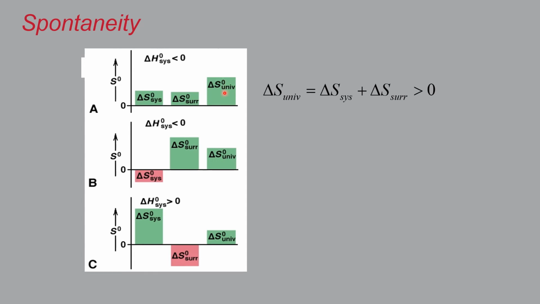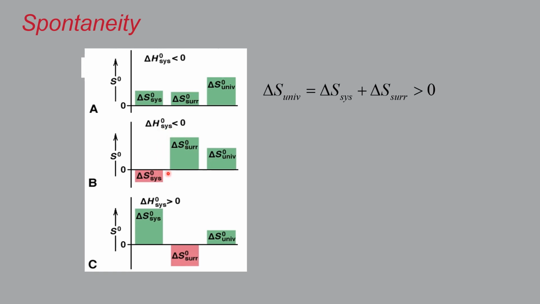So that's going to be spontaneous no matter what. Now, this is the case if this is exothermic. So let's keep that in mind. Now, if the process is endothermic, so what could you have here? I'm sorry, yeah, this is still an exothermic process.